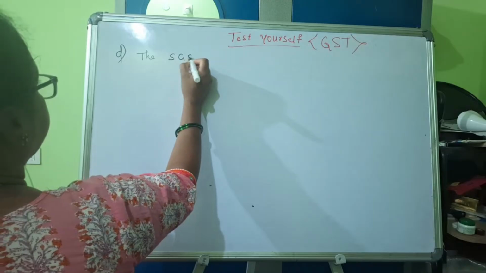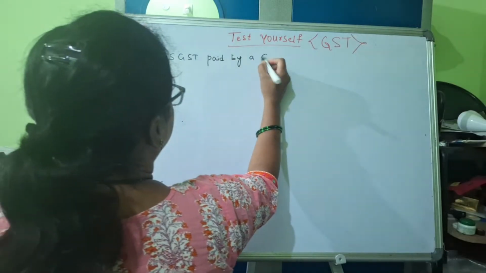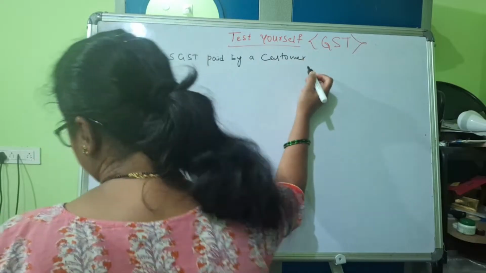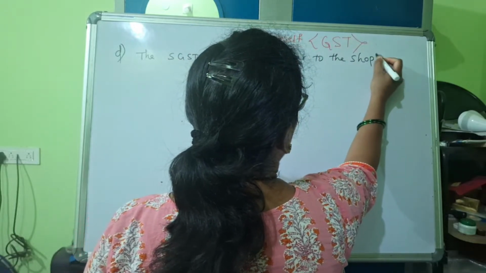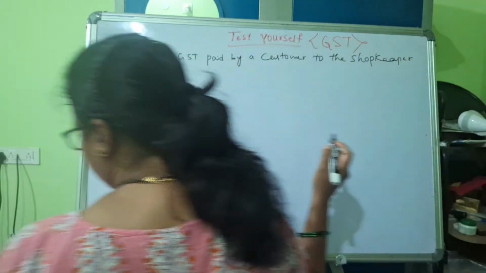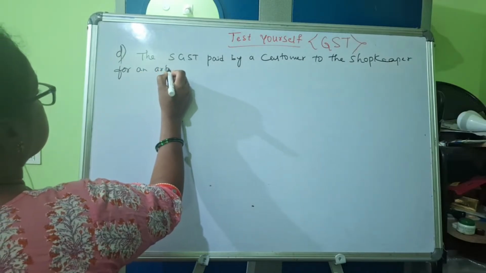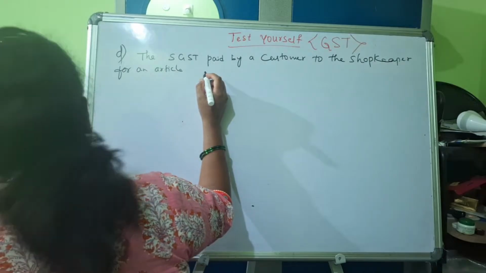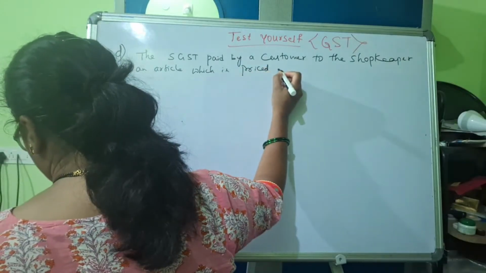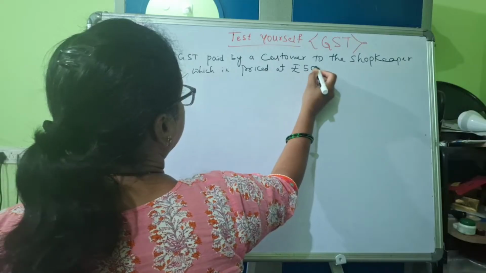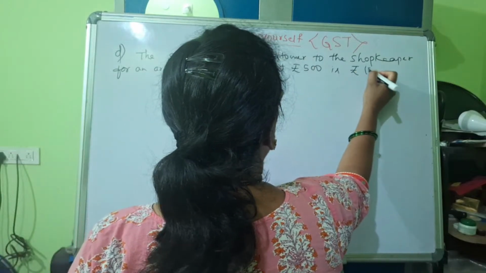The SGST paid by a customer to the shopkeeper for an article which is priced at rupees 500 is rupees 15.